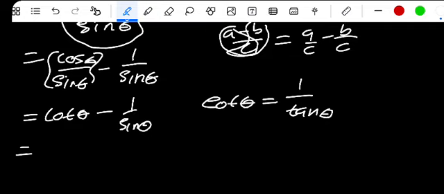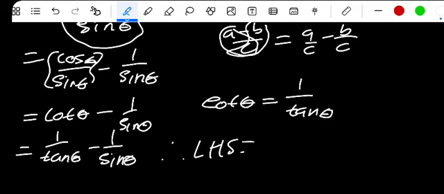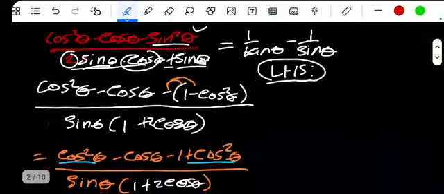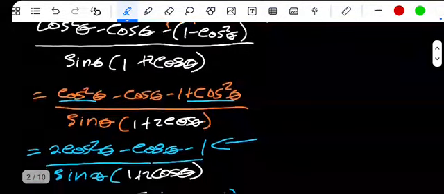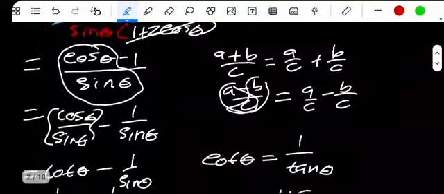So this is 1 over tan theta minus 1 over sine theta. Therefore, you can say the left hand side is equal to the right hand side. We've proved this, as you can check there.